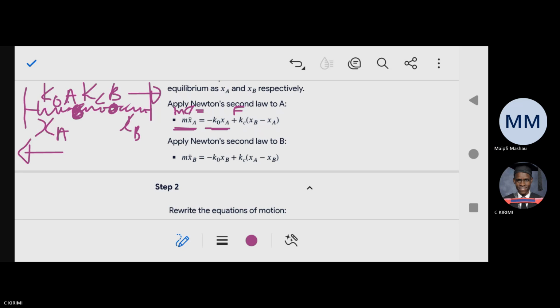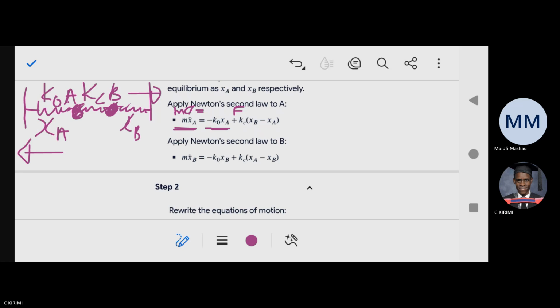We are having two forces, A and what? And B. So it is B that is pulling in the opposite direction. Do you get what I'm saying?